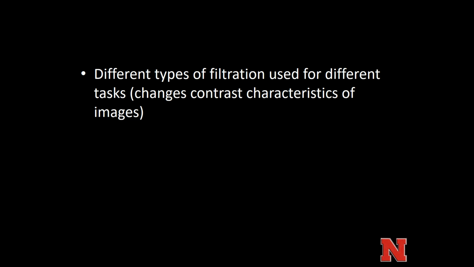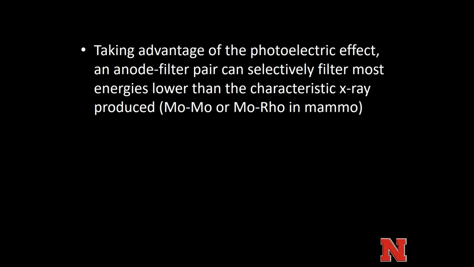If we want a very high contrast setup for something like an abdomen radiograph, just for example, looking for stones, then we might use a certain type of filtration. If there's a lot of inherent tissue contrast in and of itself, like for example in a chest radiograph where you're looking at air versus soft tissue and bone, then we might need a different filter setup.